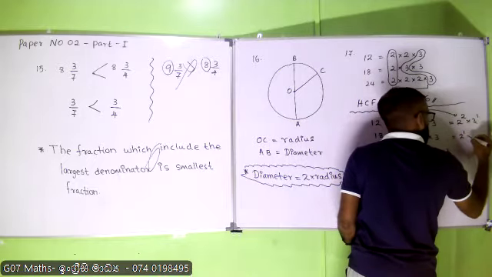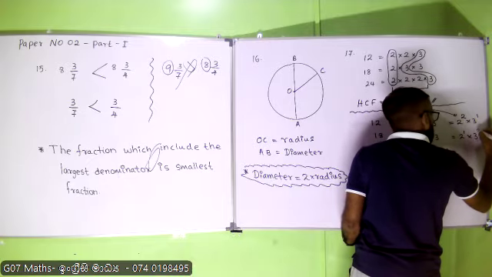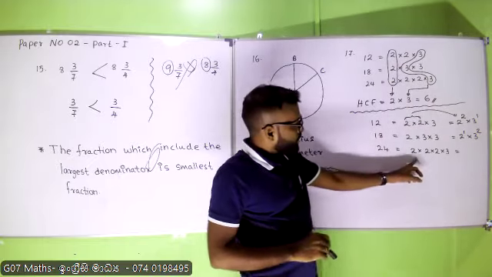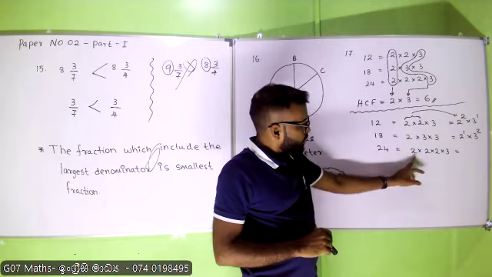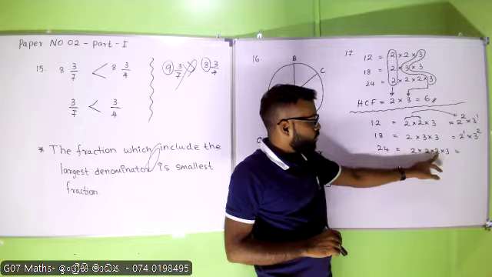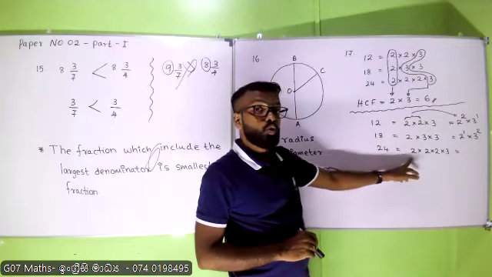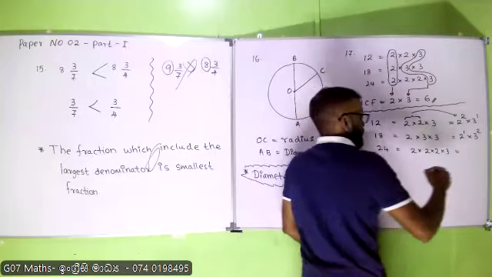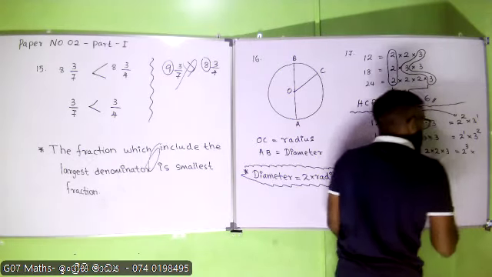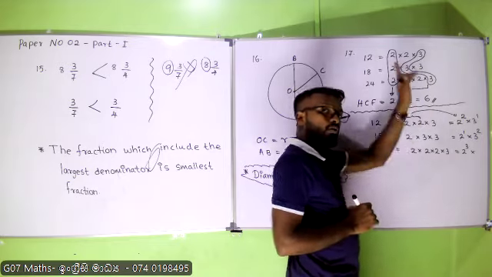So 2 to the power 1, 3 to the power 2. This one, 2 multiplied by 2 multiplied by 2, is 2 to the power 3, multiplied by 3 to the power 1.